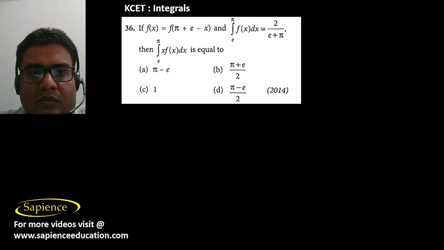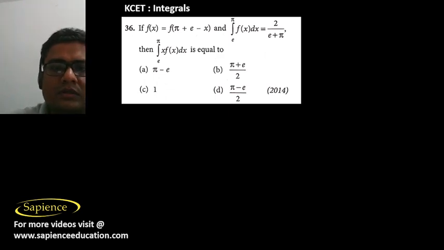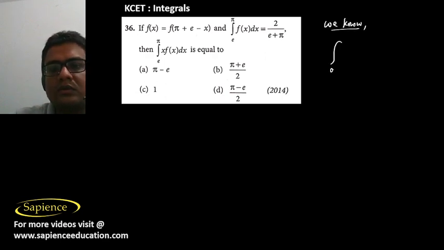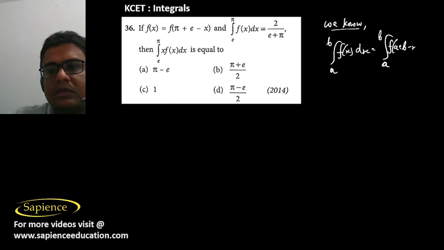Then question number 36, it is told f of x is this, then find the integral. We know that there is one rule, that integral a to b f of x dx is equal to integral a to b f of a plus b minus x dx.